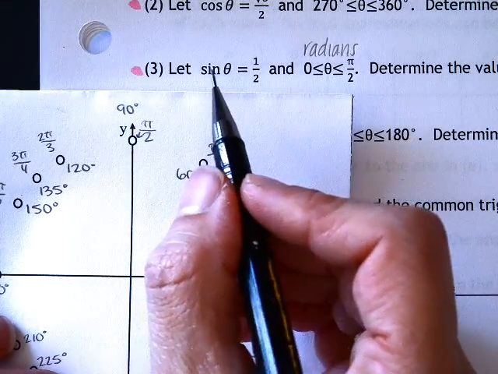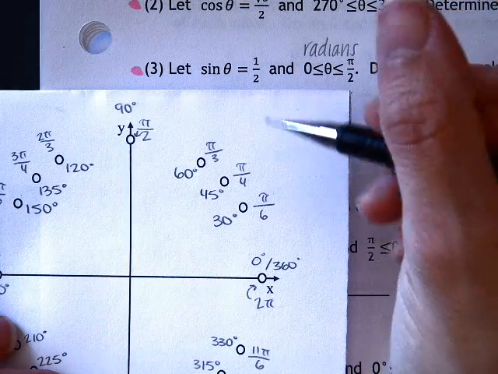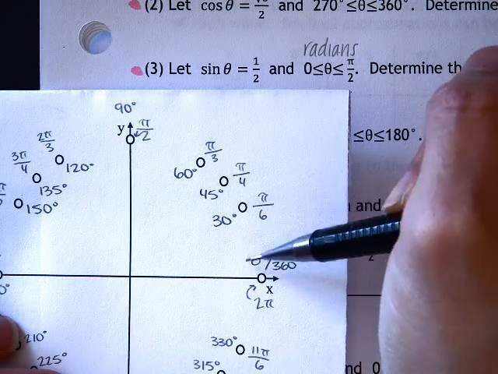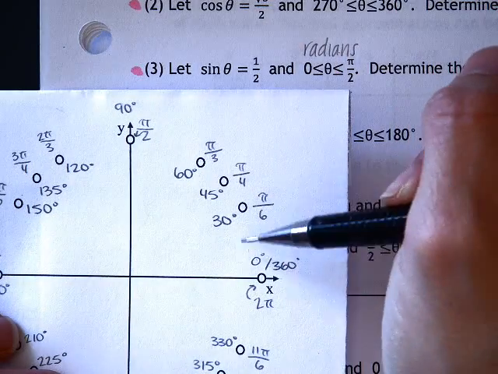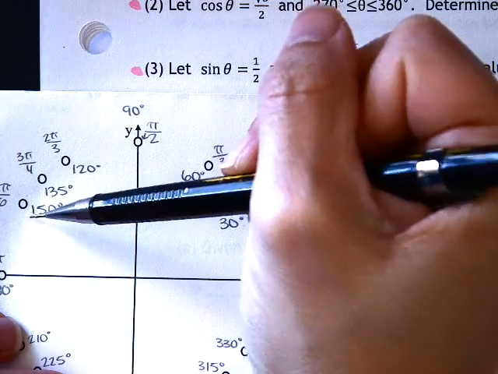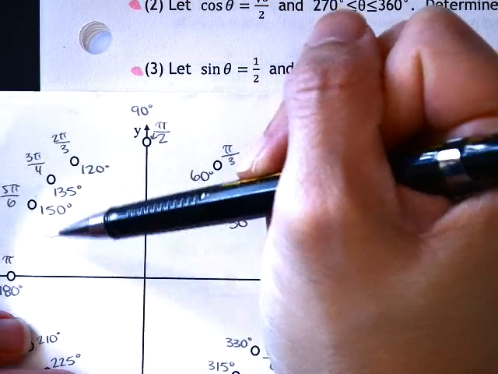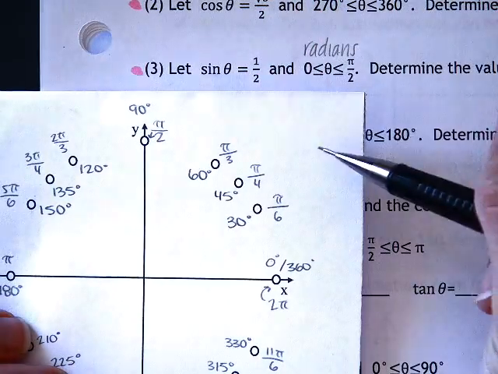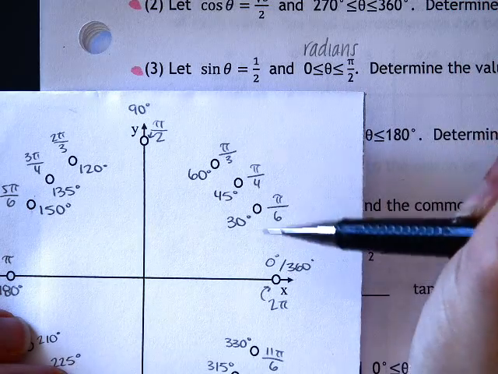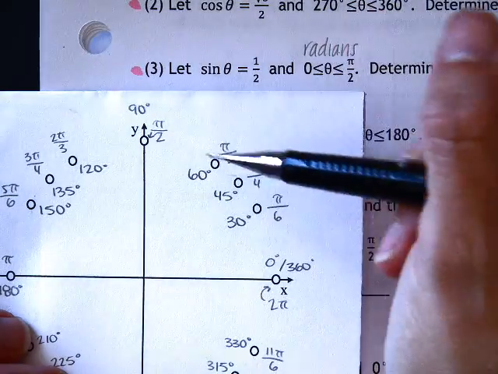So it does say that sine is 1/2. Sine is vertical. So I'm thinking about the vertical short measurement. And the only possibility in this first quadrant looks like it's over here at pi over 6. I could theoretically also have an answer over here at 5 pi over 6. But remember, it's specified in the clue that we're only between 0 and pi over 2, the beginning and end of our possible range of answers.